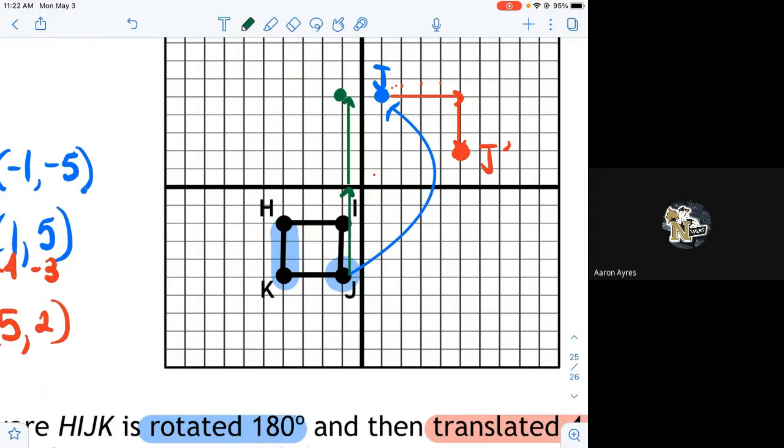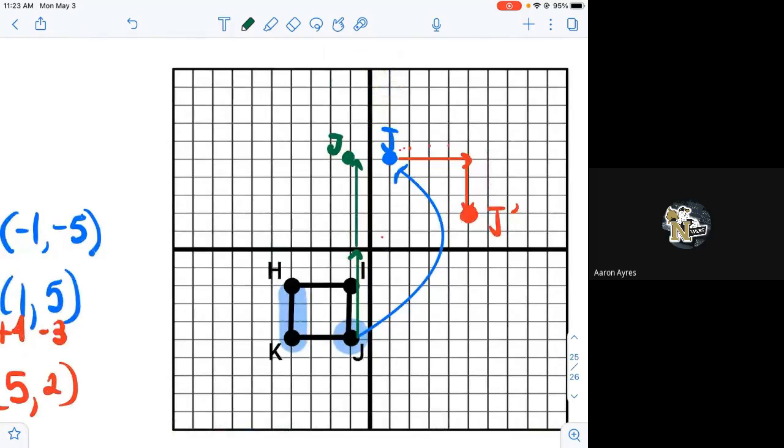So there's where J is after the reflection. That's the point -1, 5. Are we okay with that so far?